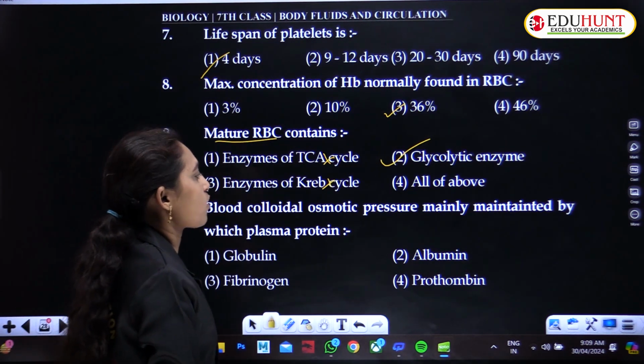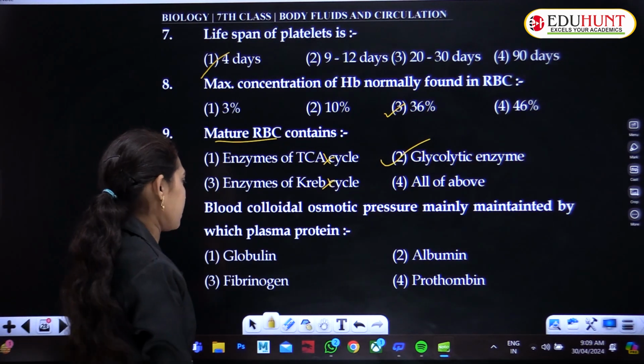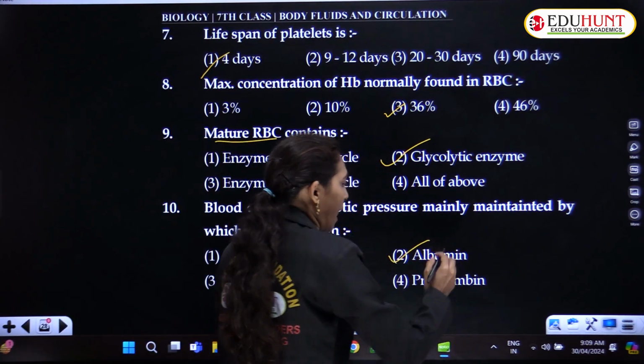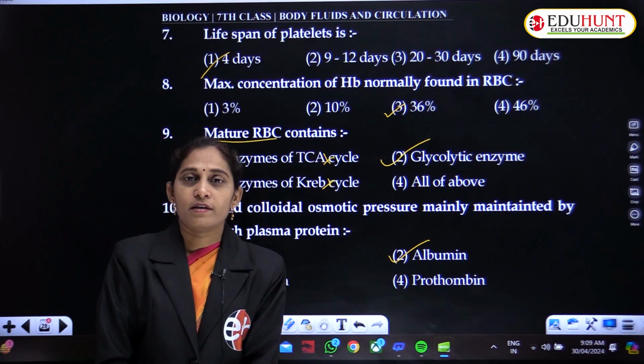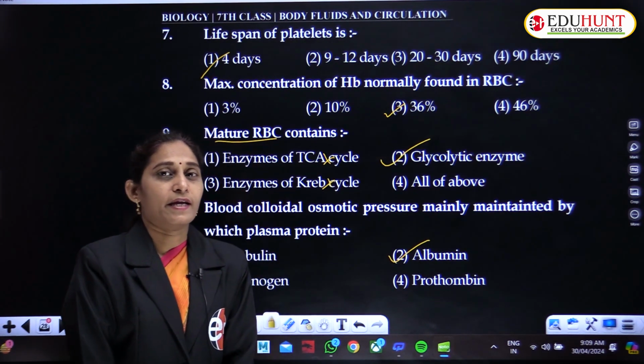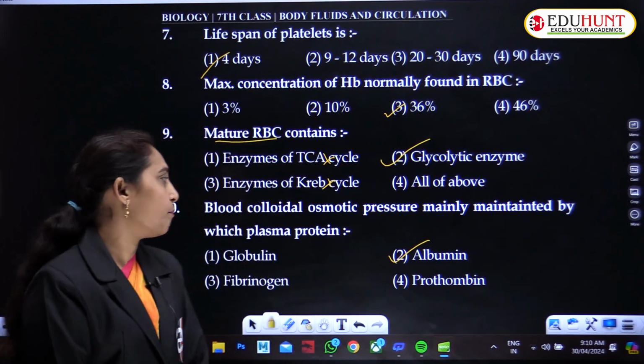Blood colloidal osmotic pressure is mainly maintained by which plasma protein? It is maintained by albumin. So albumin is the protein which maintains the osmotic pressure of the blood.